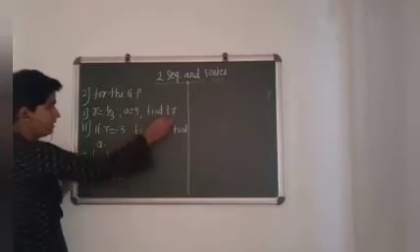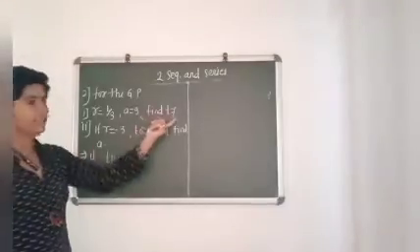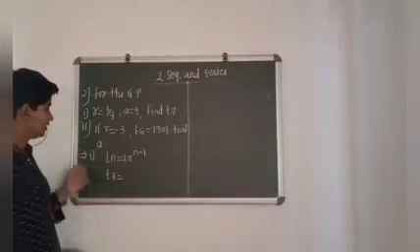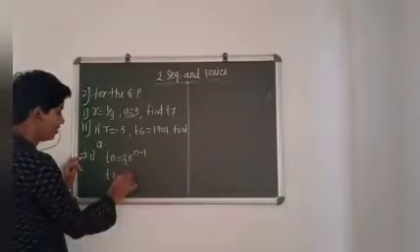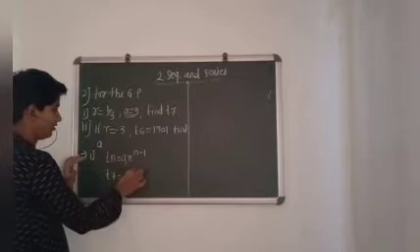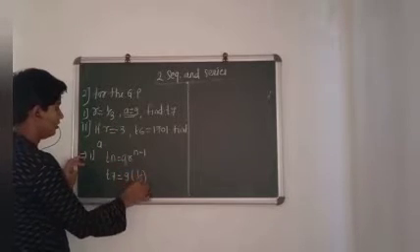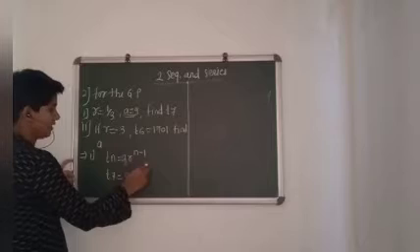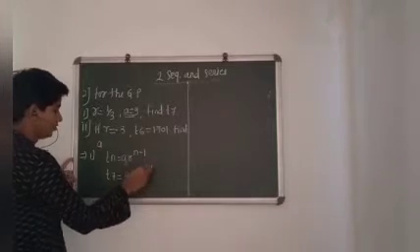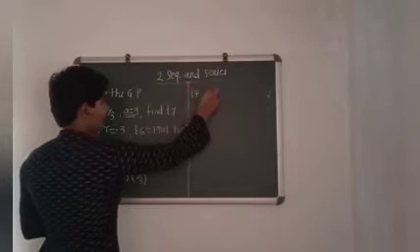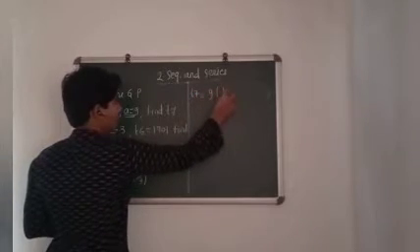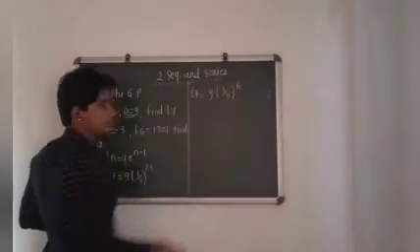n is replaced by 7. T7 is equal to A, our first term, which is given as 9, so 9 into R, which is given as 1 by 3, raised to 7 minus 1. So T7 is equal to 9 into the bracket 1 upon 3 raised to 6.